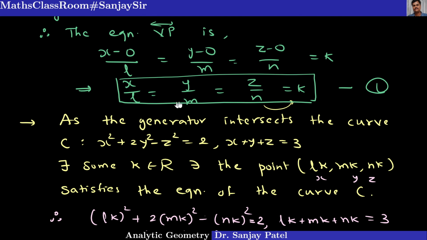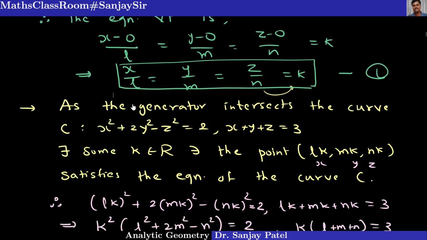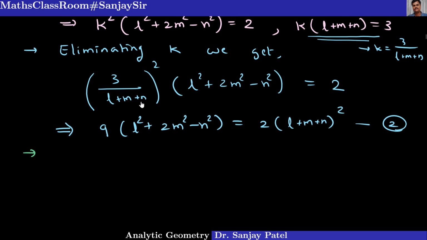As I told you, you just substitute L, M and N directly as this numerator. So L is replaced by x, M is replaced by y, and N is replaced by z. So always replace this direction element by the numerator and you will get the answer directly.